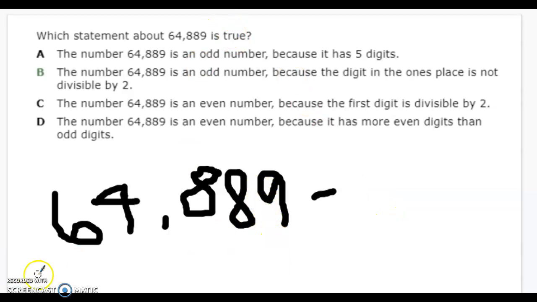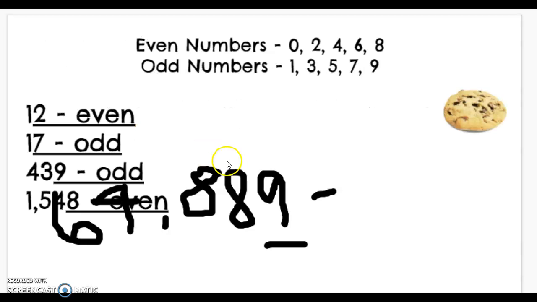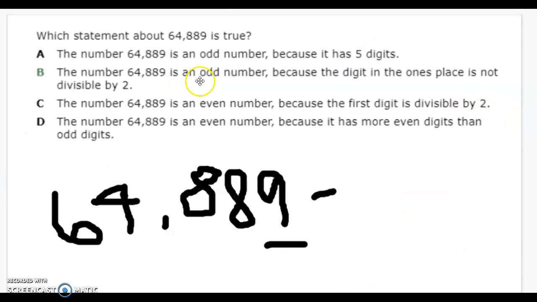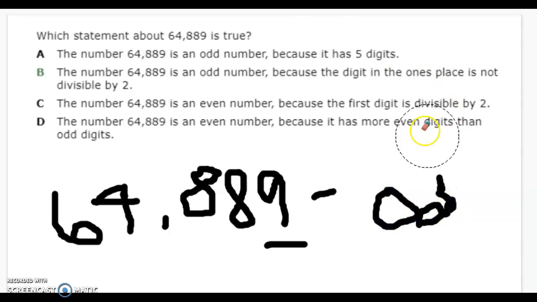Looking at the what place value? The ones place value, and I know that 9, based off of this slide, 9 is a what kind of number? Nine is an odd number. Good job. 9 is an odd number.